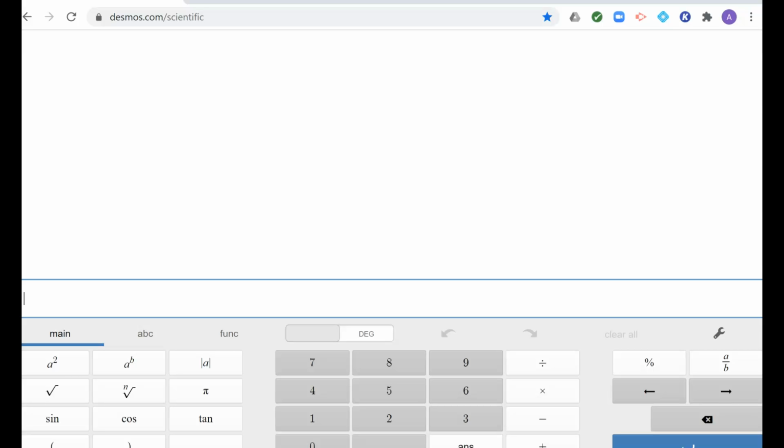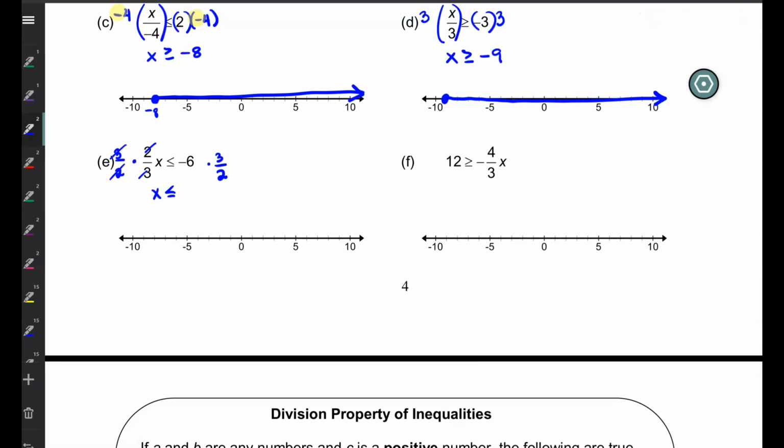Go to Desmos, -6 times 3/2, and that gives us a -9. So here's -9 again. This time it's less than, so it's just going to be a really small little part to shade.